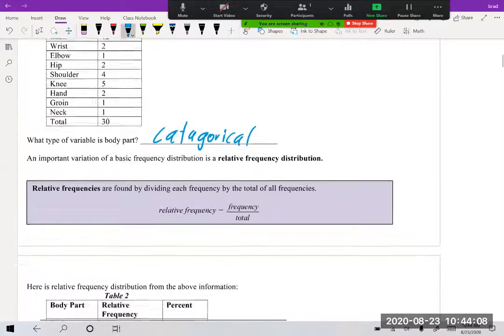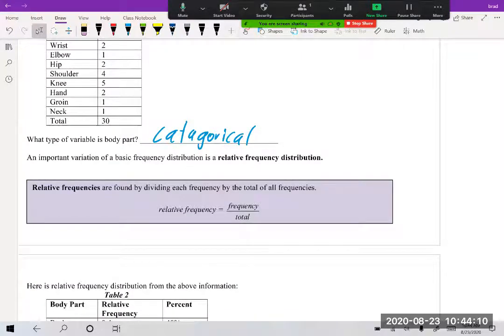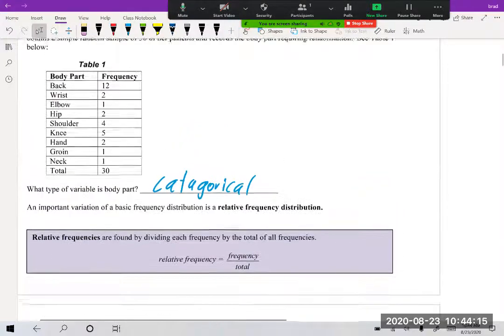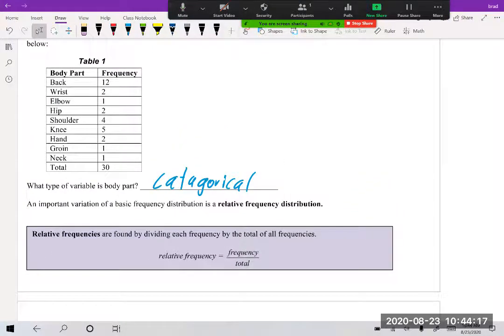Okay, and an important variation of basic frequency distribution is relative frequency distribution. So this is just the distribution of 30 people: how many had back, how many had wrist, how many had elbows, and so on. And then we wanted to find out what percentage or what proportion or what ratio of her patients had these body parts with pain.